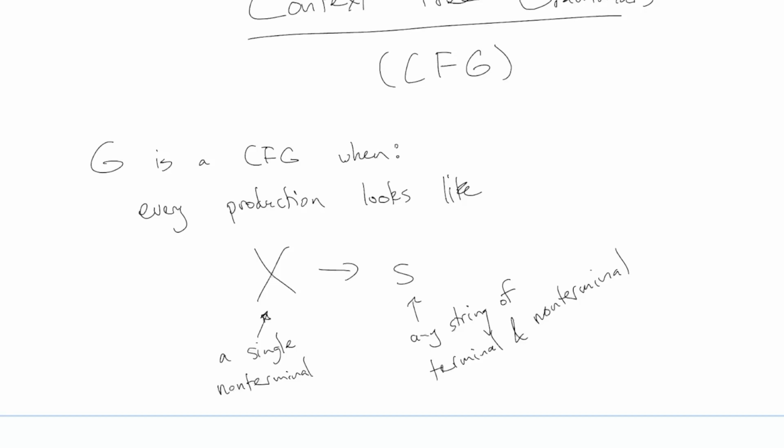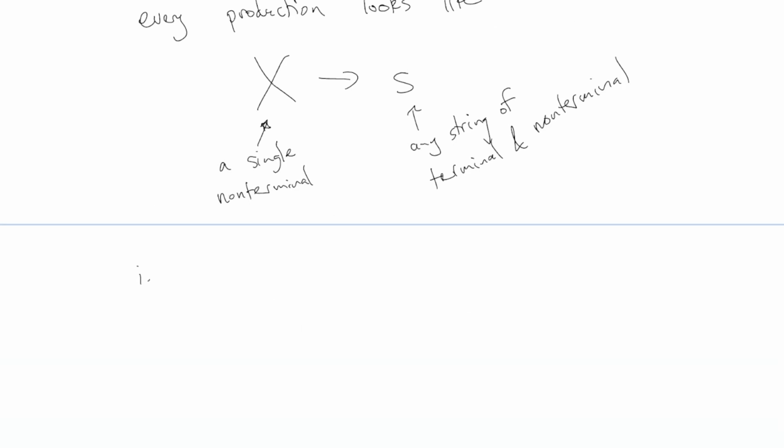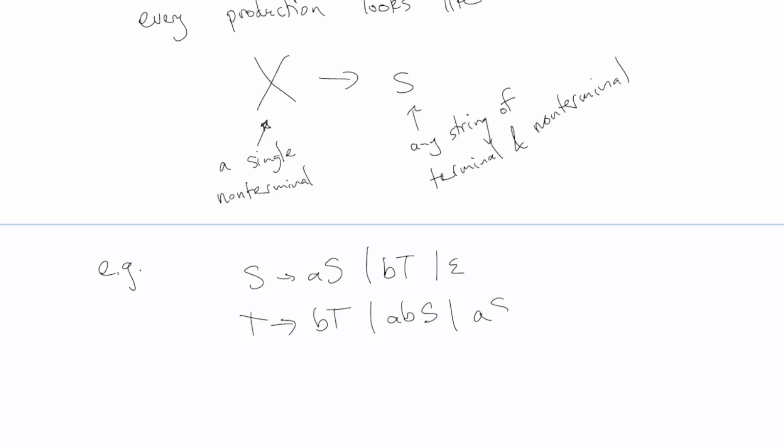Basically, every example we've ever talked about is already like this. You have just one non-terminal on the left side of the arrow, and then it can become several other things. So, for example, S goes to AS or BT or epsilon, T goes to BT or ABS or ASB or BAB, something like that.